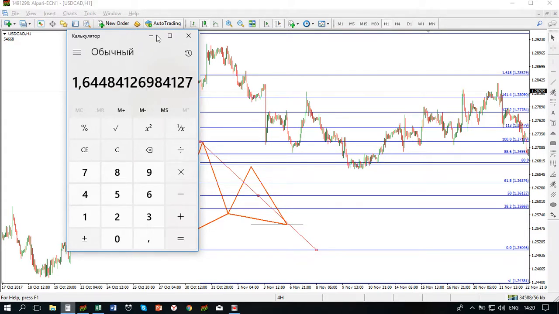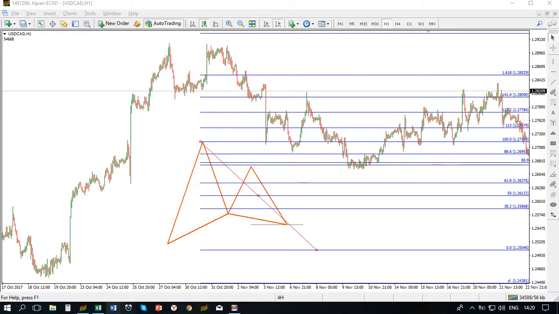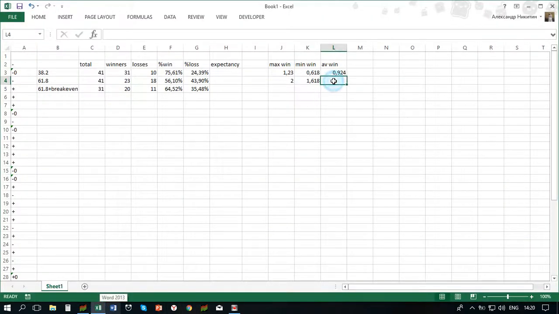So it is 0.64, but if we calculate precisely, it is 1.618. So this is the average of it. And in the third strategy approach, it is the same, 2.618, because we are looking for the 618 target.